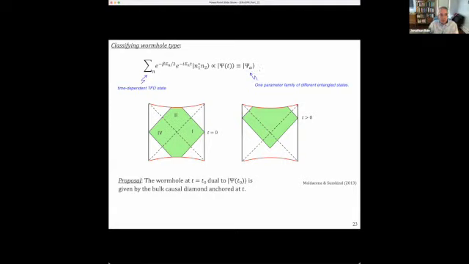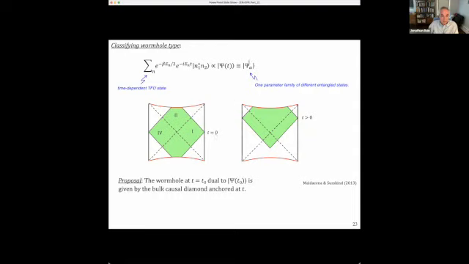The next question is, what does this family of different entangled states on the boundary correspond to in the bulk? Well, their proposal was that each member of the family corresponds to a particular bulk region that can be identified with a wormhole unique to that entangled state. And the bulk region they propose is the causal diamond that's anchored at the boundary at a given value of t or alpha.